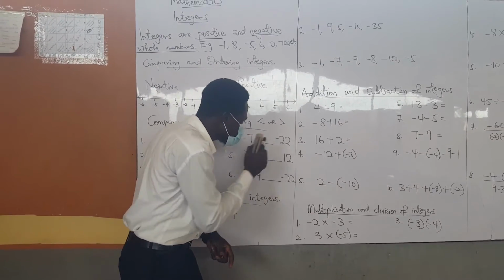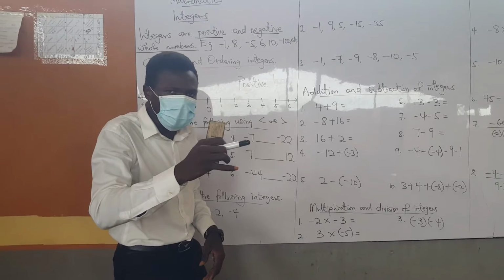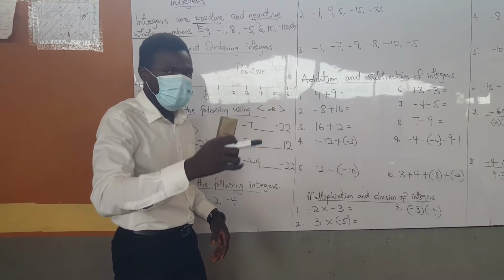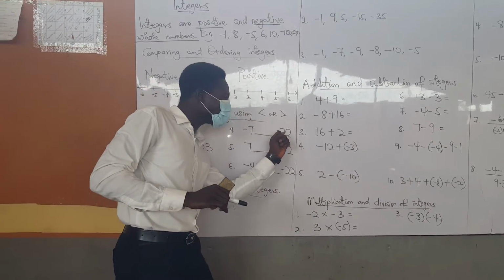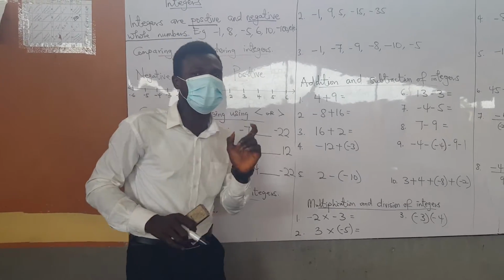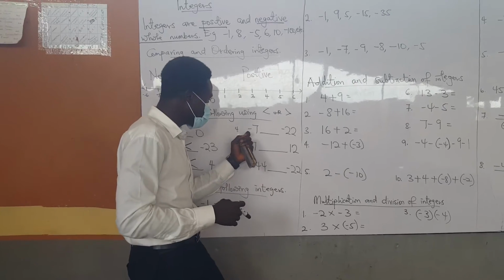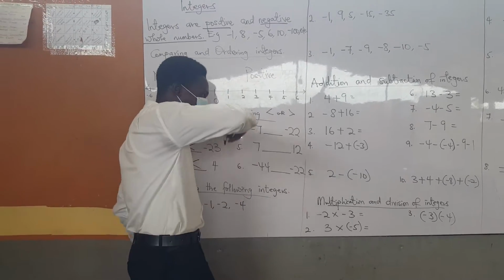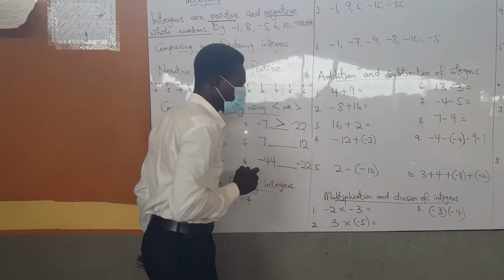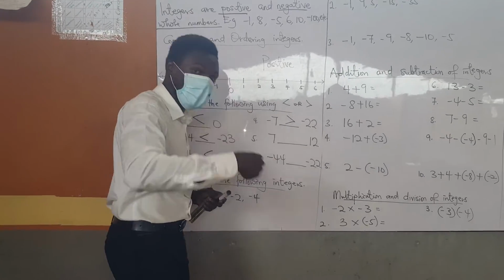So 7 and 22. 22 is the greatest number. But because 22 is having negative in front of it, it makes the 22 lesser than this. So we are going to say negative 7 is greater than negative 22.